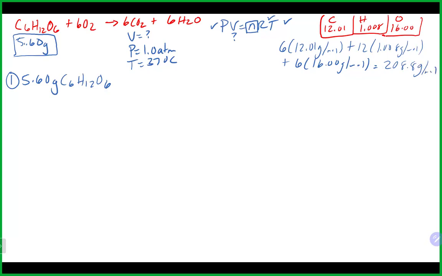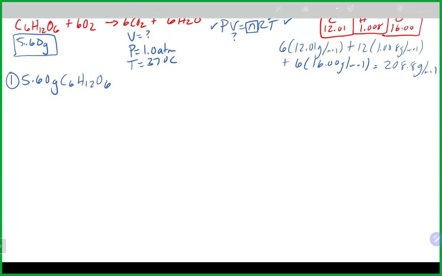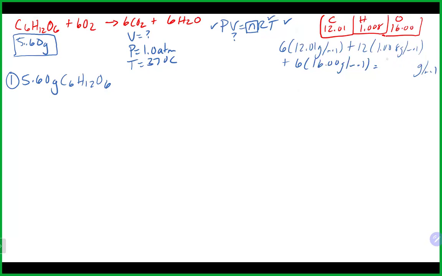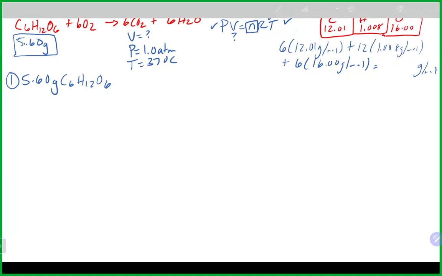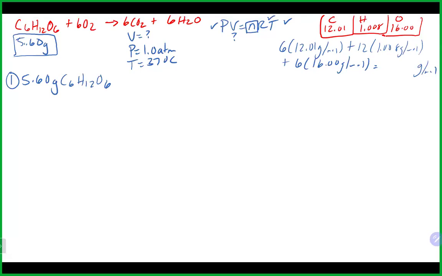Double check, make sure. How about 180? Does that sound better? Yeah, it didn't feel right to me when I was doing it. Let's try that again. How about 180.2? That seems better. 180.2 grams per mole.